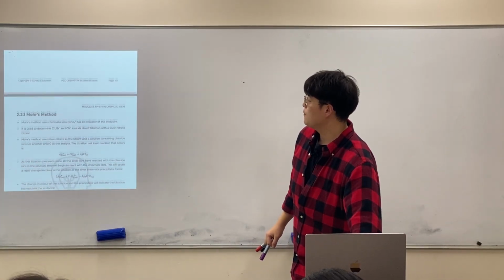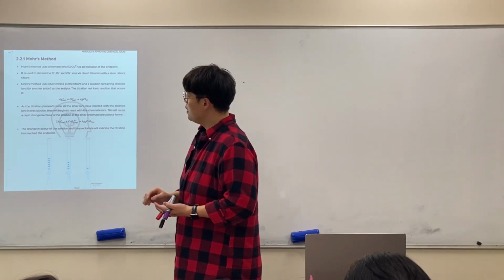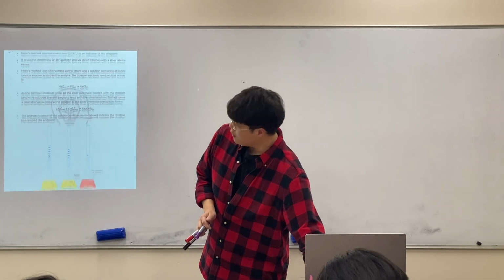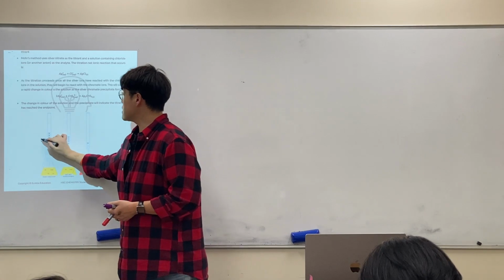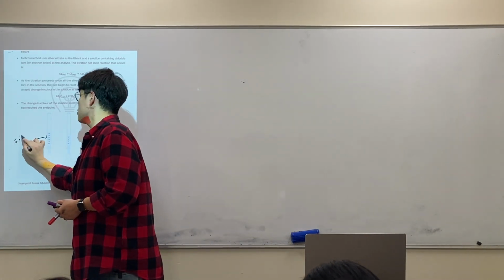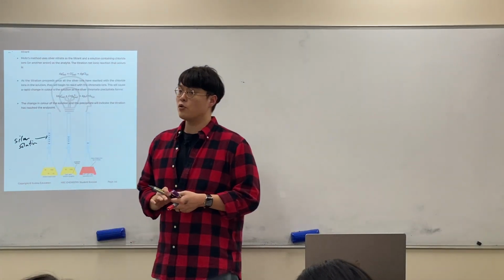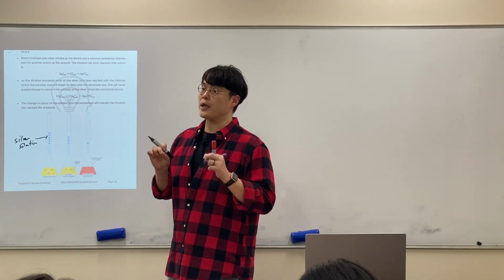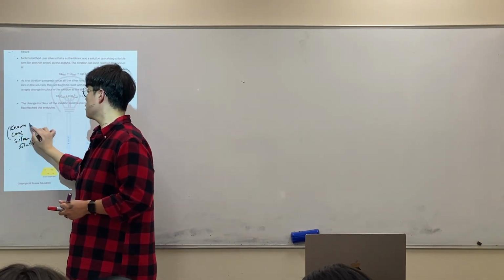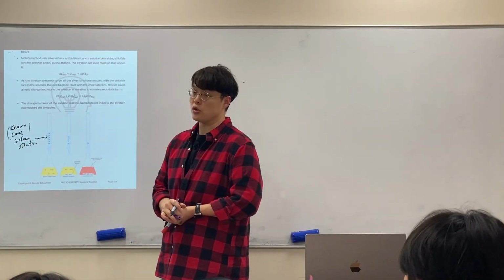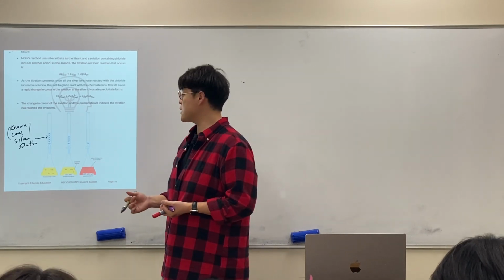So the first method is known as the moles method. For the moles method, it's best to use the diagram given over here, on page 66. What we do is use the silver solution in the burette. A silver solution in the burette means we know the exact concentration. It could be silver nitrate, something that doesn't form the precipitate yet.